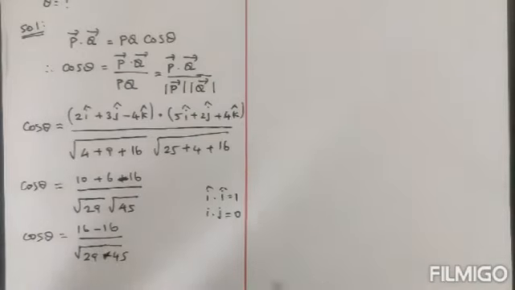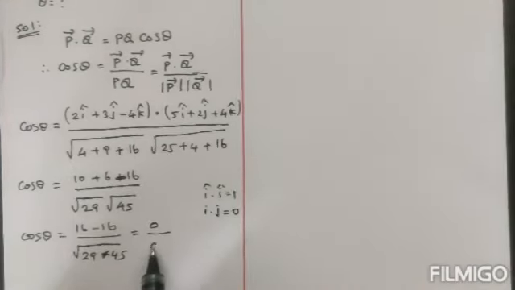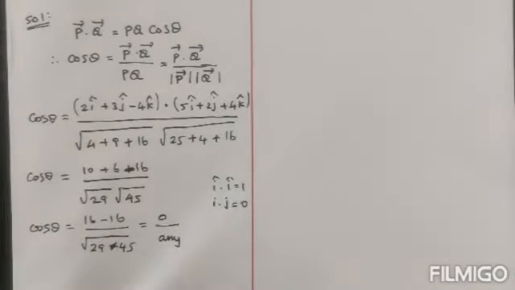In the denominator, whatever it is, no problem, because in the numerator the value is 0. 0 divided by anything is 0 only. Therefore we can write cos theta is equal to 0.